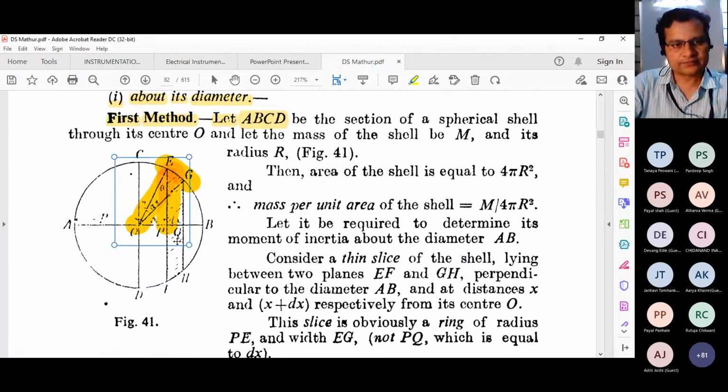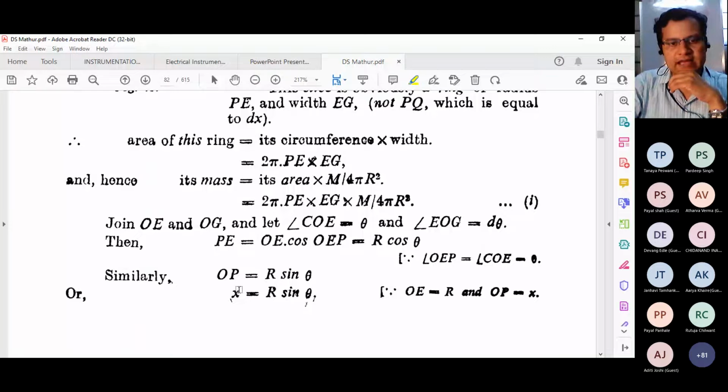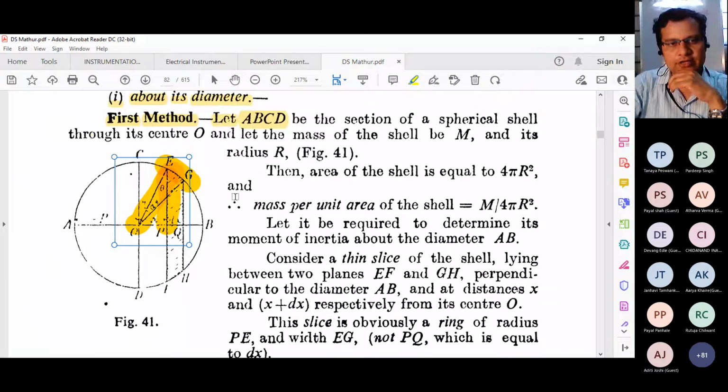OP is the perpendicular distance, and R we mentioned over here is the radius, and it is nothing but OE, because OE and OG have the dimensions of the radius of that spherical shape. So OP becomes R sine theta. Sorry, OP we consider over here the small portion. OP will be the distance x over there.